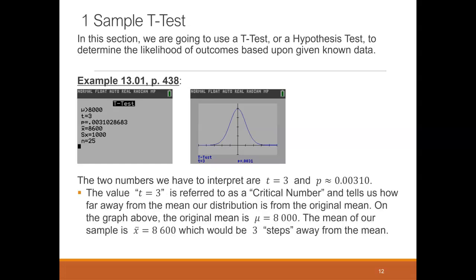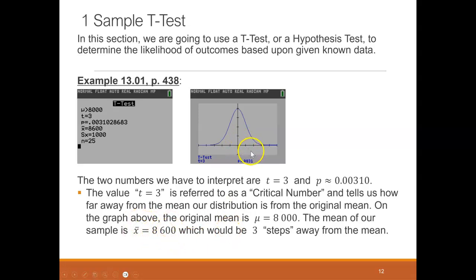So the t value is called a critical number. And basically it tells us how far away from the mean our distribution is from the original mean. So if the original mean was 8,000, basically it's saying this 8,600 is like 3 steps away.